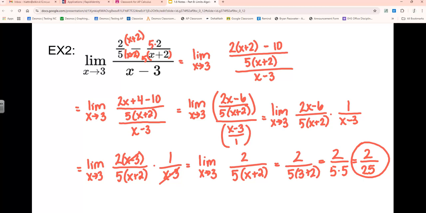Those cannot cancel because of this -10 right here, and your -10 kind of disappears. But I think you're good up to this point. Try distributing your 2 and messing with that numerator and seeing if maybe you can get it to cancel something in the denominator.